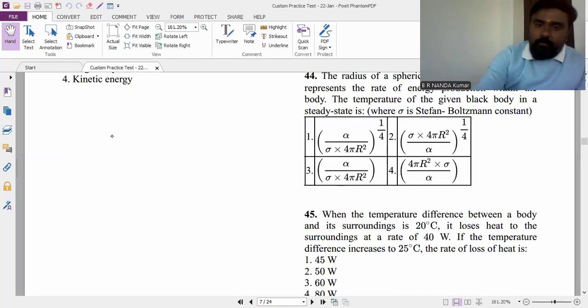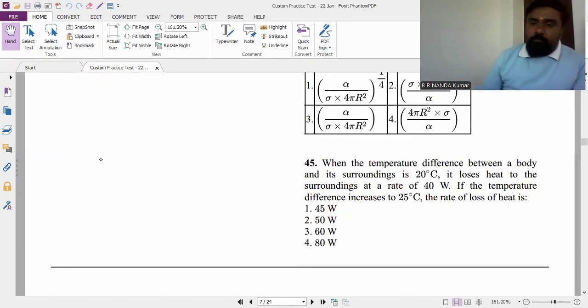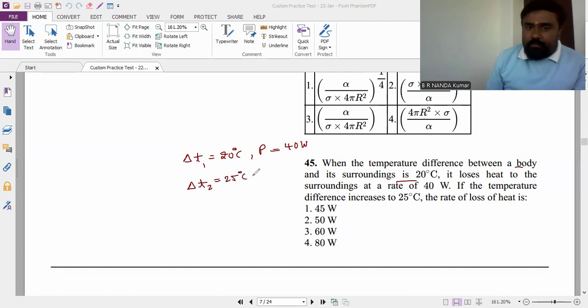Next question, number 45. When the temperature difference between a body and its surroundings is 20 degrees Celsius in the first case, the corresponding rate of flow, the power, is 40. In the second case delta T2 is 25 degrees Celsius. Now we have to calculate the power P dash.